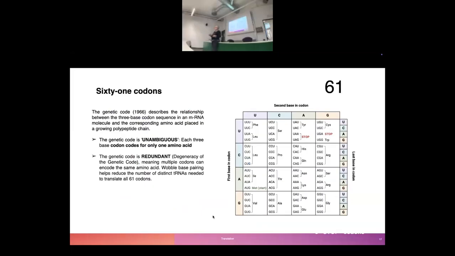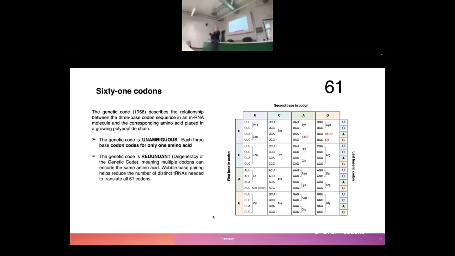Okay, but we have 61 codons. So since we have 61 codons, there are more than one codons coding for the same amino acid, sorry. Okay? There are two important things. The genetic code, first of all, is universal for all the eukaryotes.